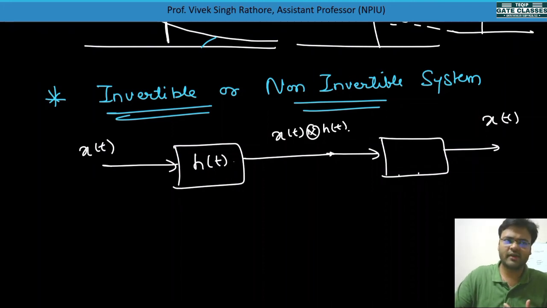So this we have seen earlier. But if we can produce an h inverse of t, which is just the inverse of this h of t.